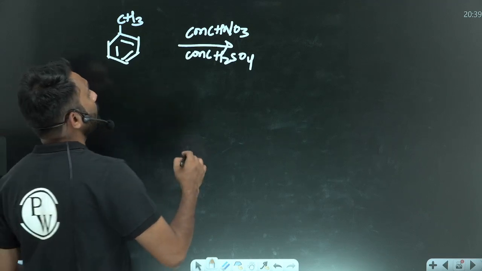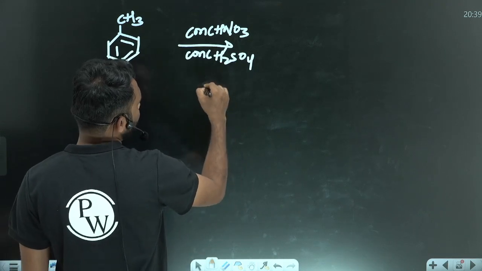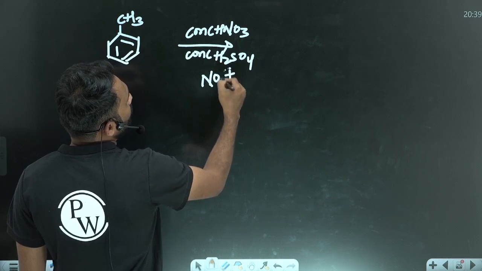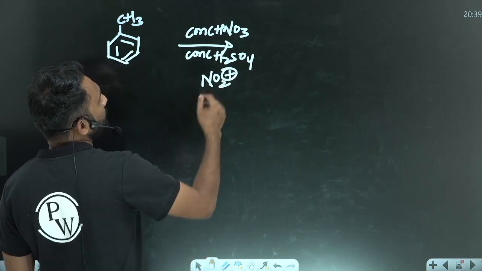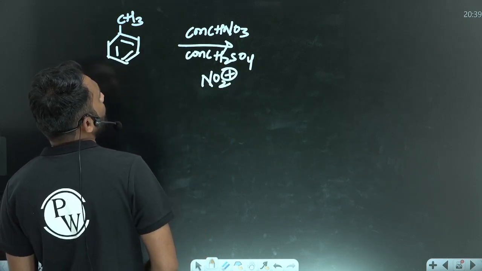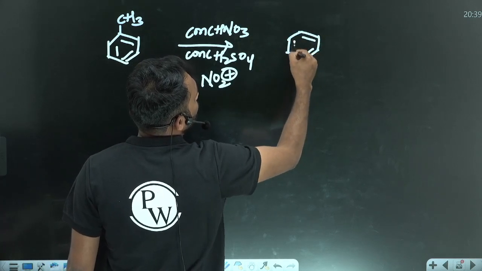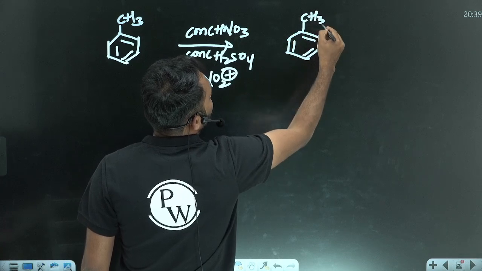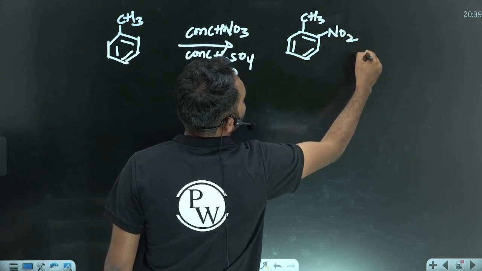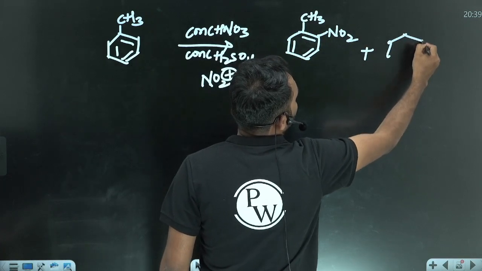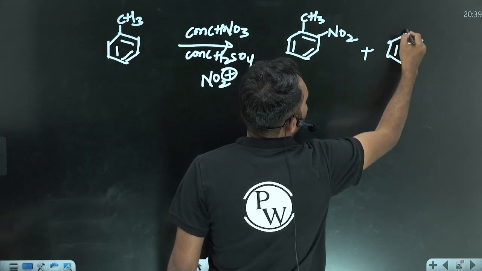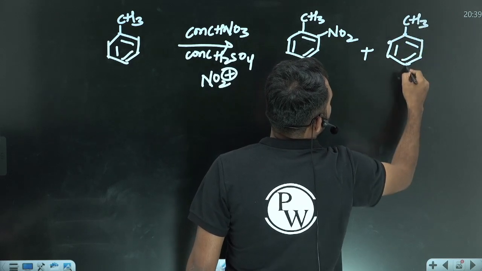The electrophile we generated is the NO2 plus nitronium ion. Now this nitronium ion is bulky. Here we have two chances: either it can attack at the ortho position, or it can attack at the para position.